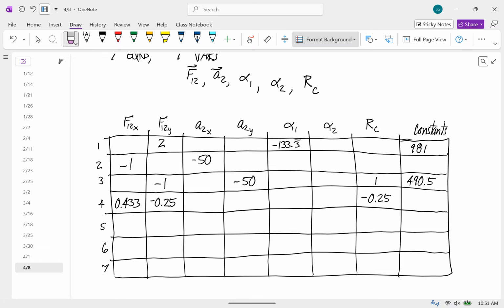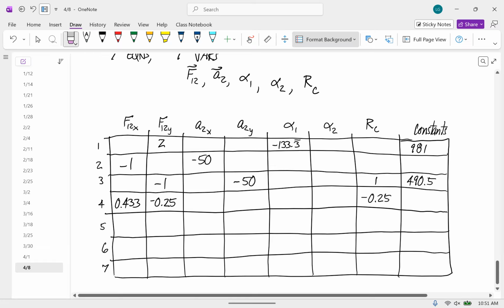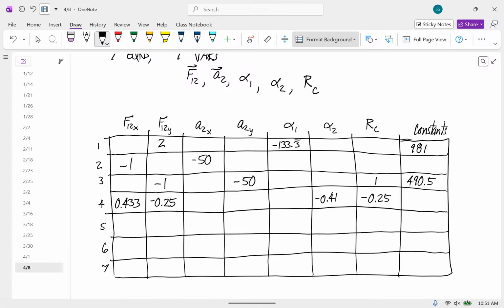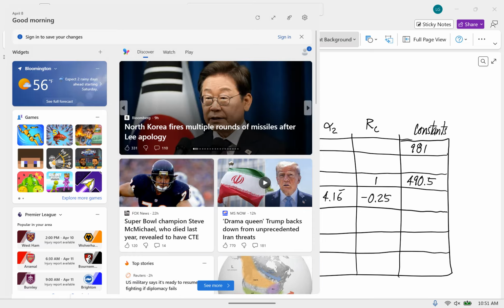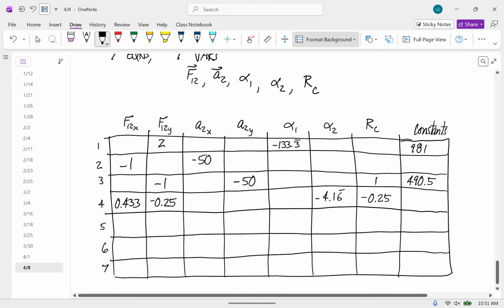On the same one still? Yeah. Negative, did you say? Yeah. Negative 0.41. Oh, got it. Negative 4.16 repeating. Okay. And that one doesn't have a constant? Oh, right, because the about point is the center of mass.